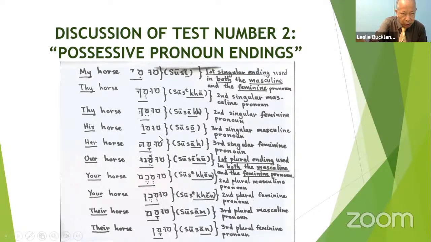It's an O sound, a long O sound. That is his. So that is the answer. That's what you would write. I just put sus to illustrate it, but this is the answer. The ending right here is holem, the long O, third person singular, masculine pronoun.